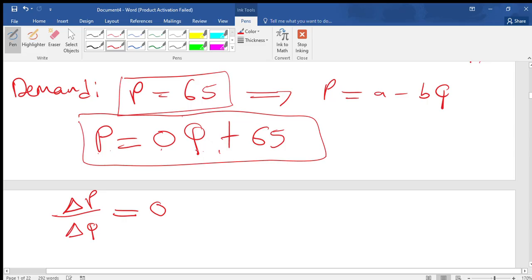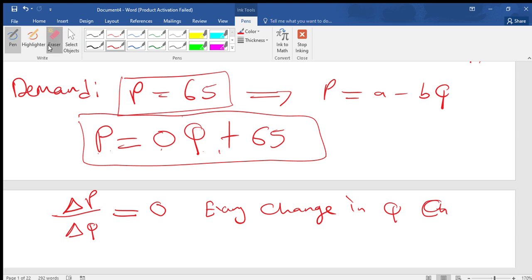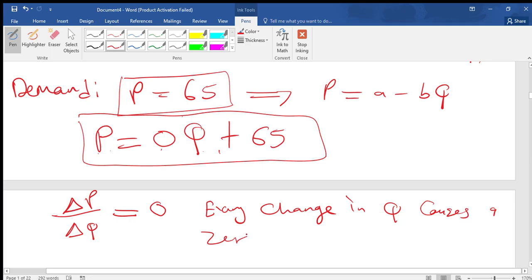That's what this means. So it means every change in Q causes a 0 change in the price.